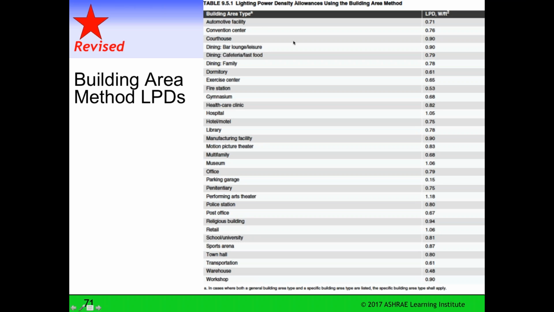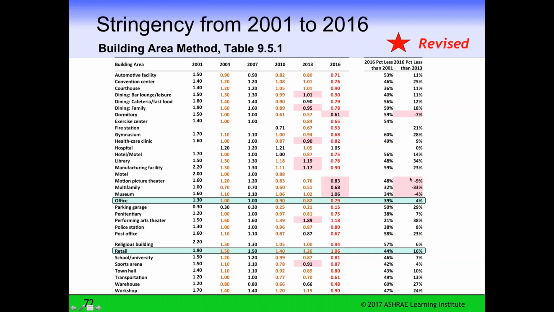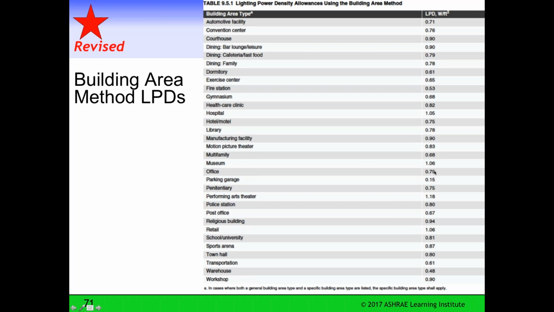And here are the lighting power density allowances for the building area method. So your office building has an allowance of 0.79 watts per square foot. Your retail facility, 1.06 watts per square foot.